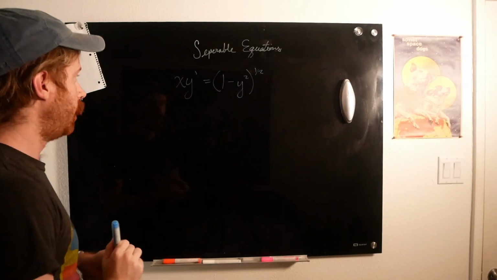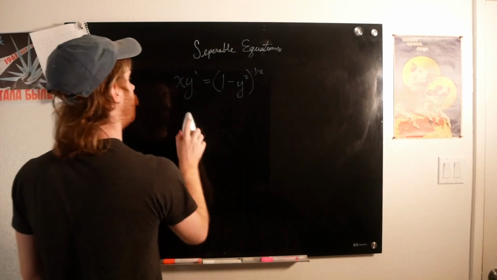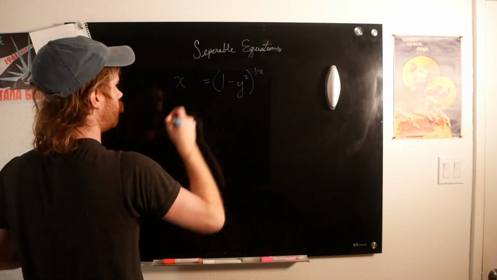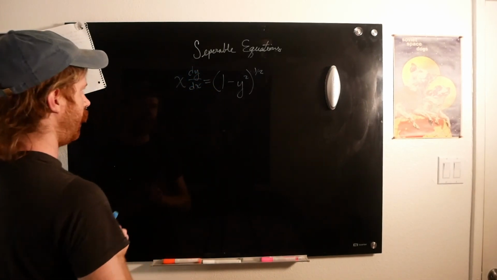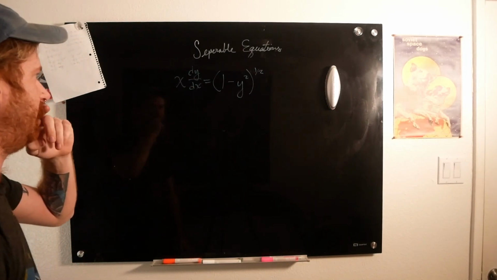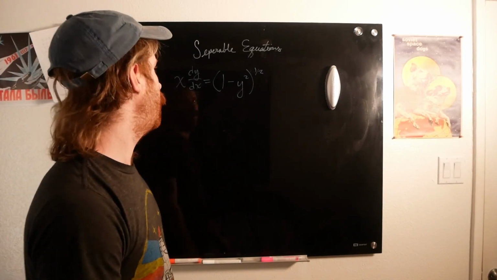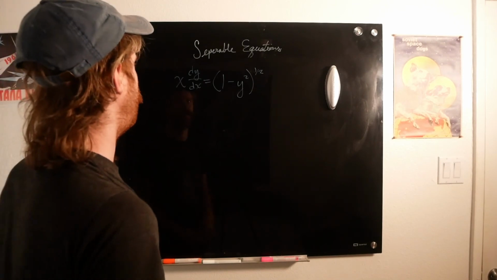Okay, so let's go ahead and change this y prime to dy over dx. If you're lost on why I'm doing that, you have to do it for separable equations to get dy and dx, but y prime and dy dx are just two different notations of the same thing. They're both ways to represent a derivative.